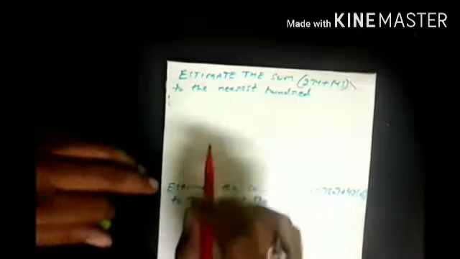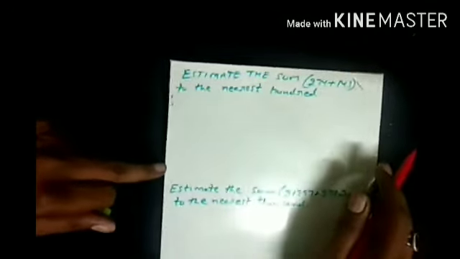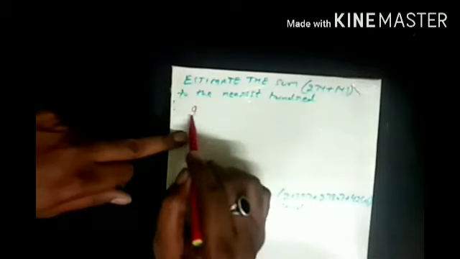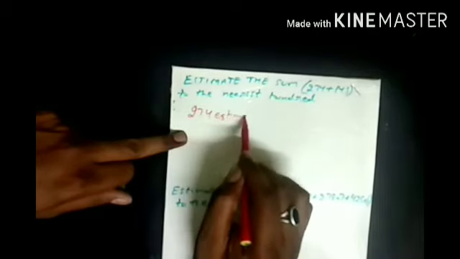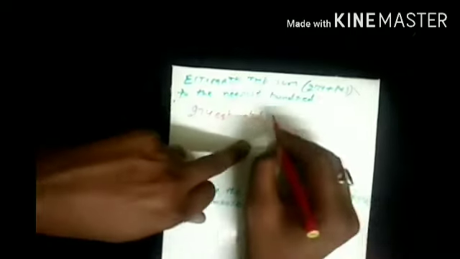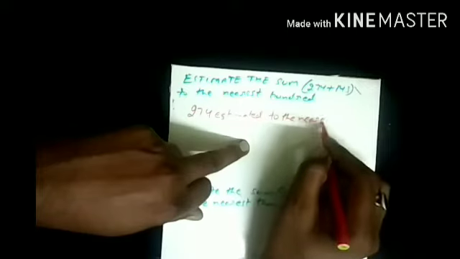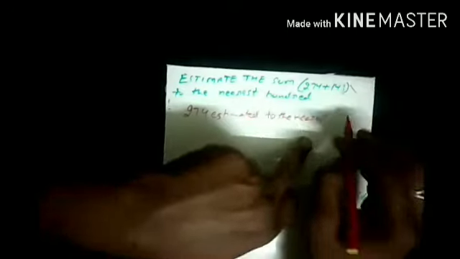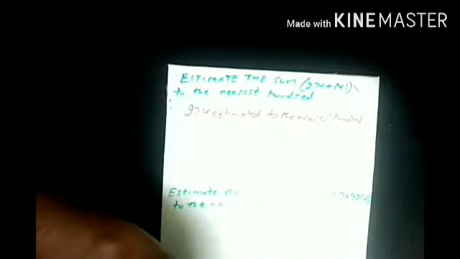Now here the question is, estimate the sum 274 plus 143 to the nearest 100. So 274 estimated to the nearest 100. Then what will be my answer?